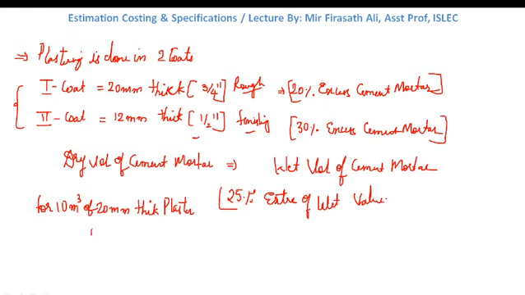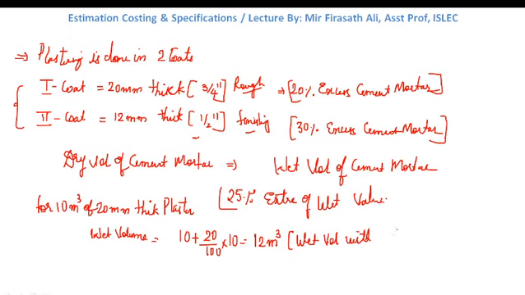First of all, wet volume is equal to 10 plus 20% excess we need to take. In wet volume only, 20 by 100 into 10, that is nothing but 12 meter cube. This is the wet volume with excess cement mortar.